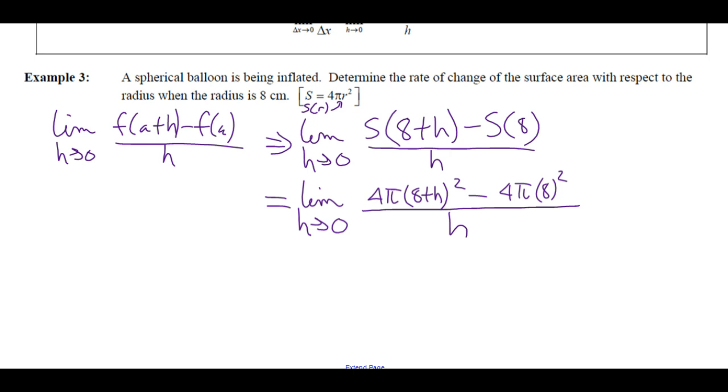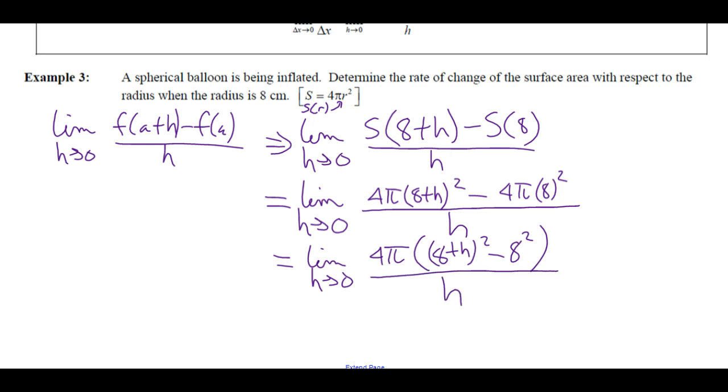First thing we do is notice there are 4 pi's on both of those terms, so let's factor out the 4 pi's. The limit as h approaches 0 of 4 pi times (8 plus h) squared minus 8 squared over h. So we get rid of the 4 pi's; we don't want them all over the place.